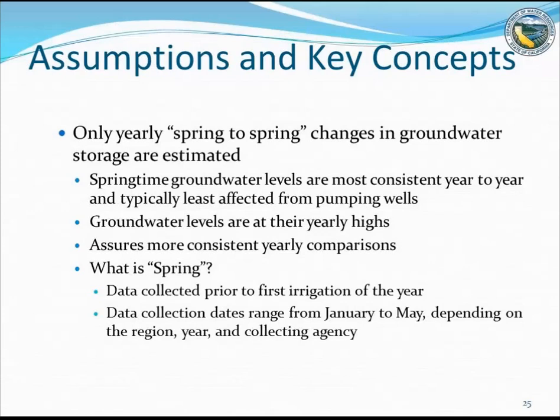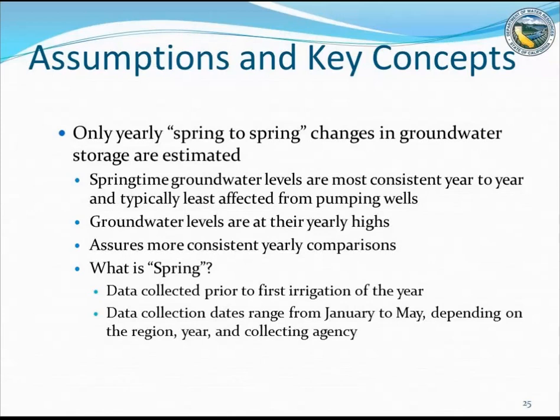What really is spring? After we started to look and analyze the data statewide, we found that spring, or pre-irrigation, is really January to May. In southern parts of the state, such as the southern San Joaquin Valley and south of there, spring is really kind of January and February.